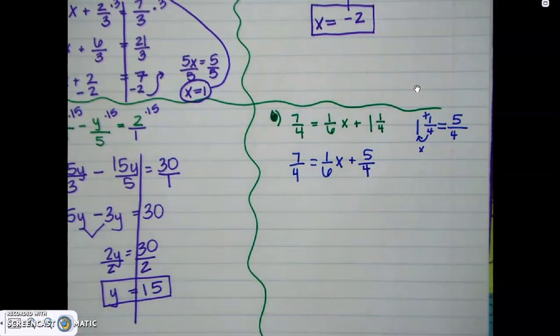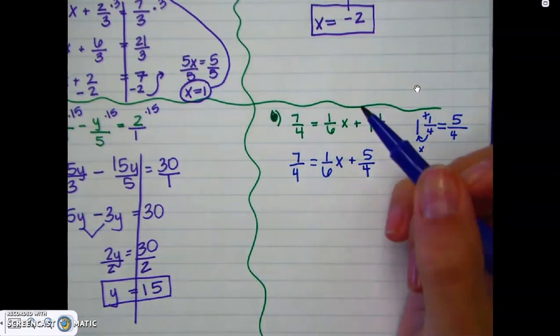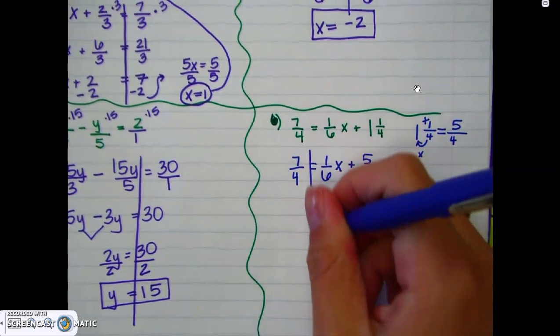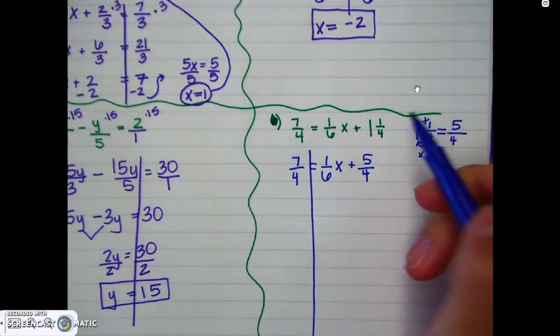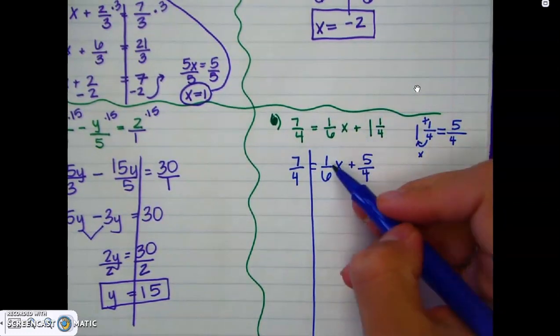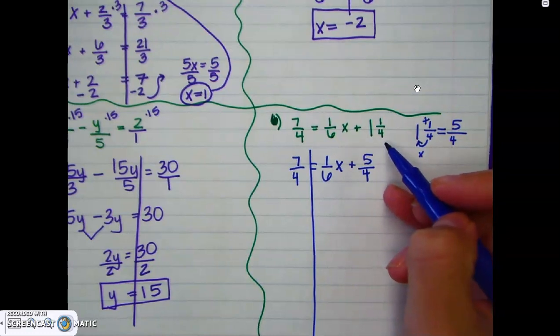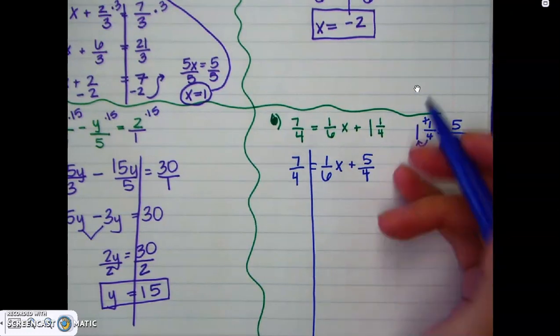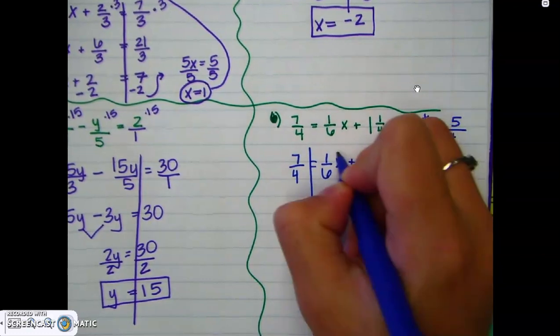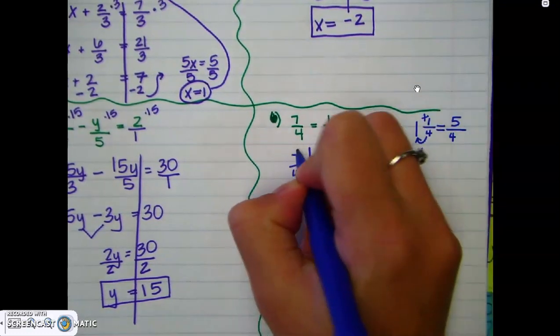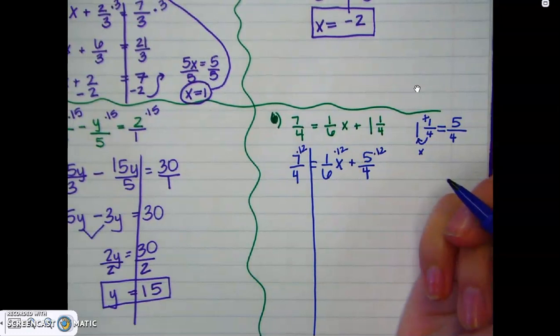Okay, awesome. So then I can do this by my calculator, or I can look for a common multiple, so I can divide out 6 and 4. So 4 and 6 both go into 12, so I'm going to actually use 12 as my multiple, so that way I can divide out those denominators.